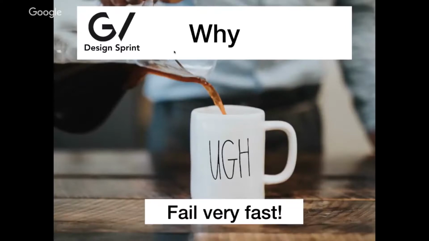Why do we do that? Again, we want to fail very fast. If our first idea is wrong, we should find out very, very soon. It's much easier and much cheaper to find out after 5 days than after several months.